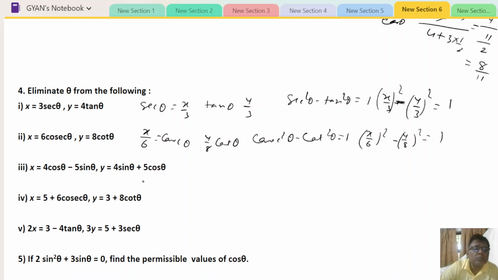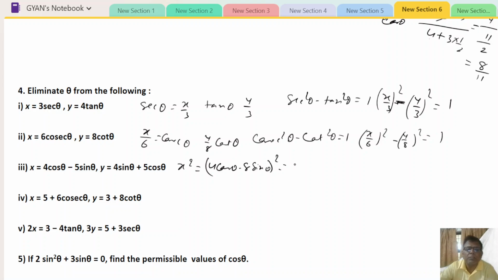Here, what will you do? So I have to square and add, I think that will be sufficient. So x square is equal to 4 cos theta minus 5 sin theta the whole square.